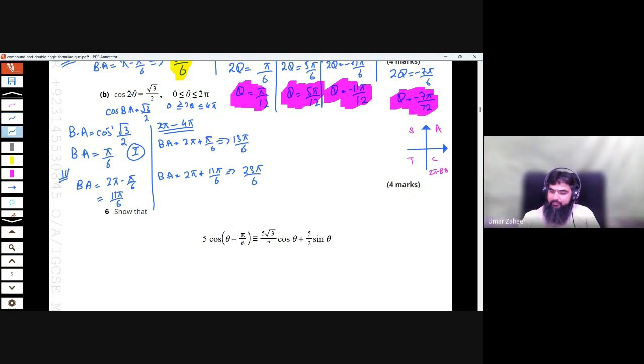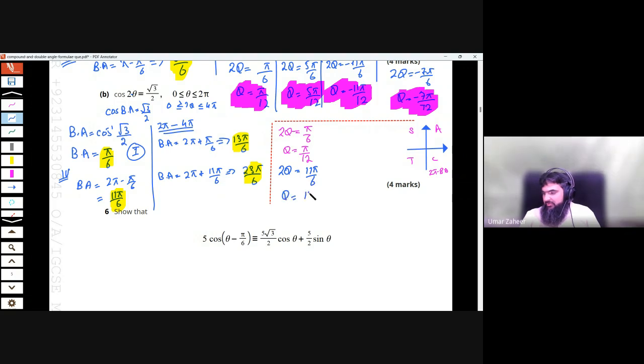So let me find the values. For the first value, 2 theta is equal to pi over 6, means theta is equal to pi over 12. The second value, 2 theta is equal to 11 pi over 6, so theta is equal to 11 pi over 12.